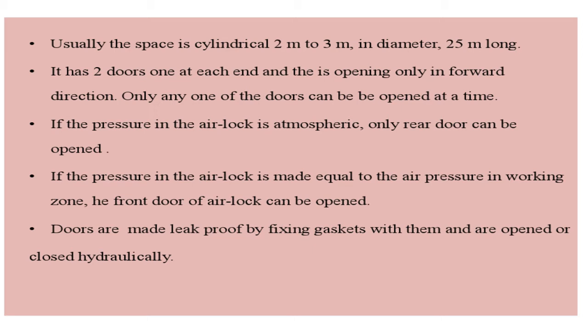That means you are having a wall-like thing known as the bulkhead, and inside the bulkhead you are having an airlock. That airlock will be having two doors, one at the front portion and the other at the rear portion. It is not possible that both doors can be opened at the same time.